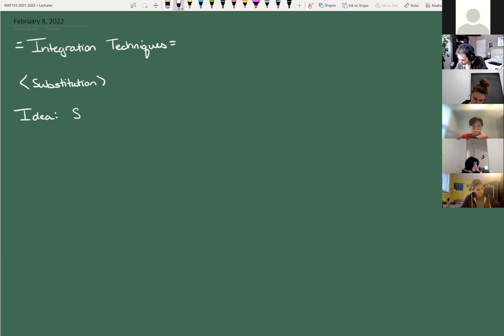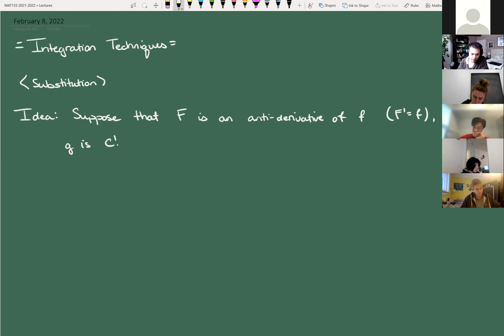So suppose that capital F is an antiderivative of little f, right? So remember, by that we mean F prime is equal to little f, okay? And g is just some other function, let's say C1. We really only need differentiable, but you'll see why we need C1 later.